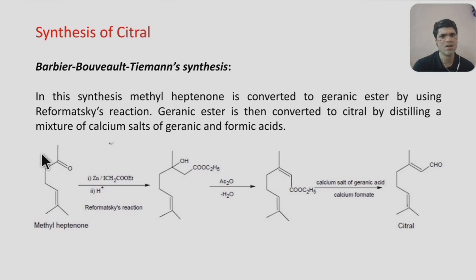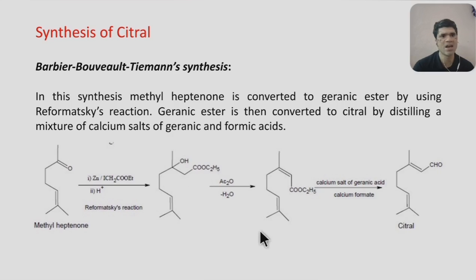So here is methyl heptenone, with the carbons numbered 1 2 3 4 5 6 7 and the methyl group. When this is treated with zinc, ethyl iodoacetate and H+, which is the Reformatsky reaction, we get a product. This undergoes dehydration, it loses water and forms a double bond here.